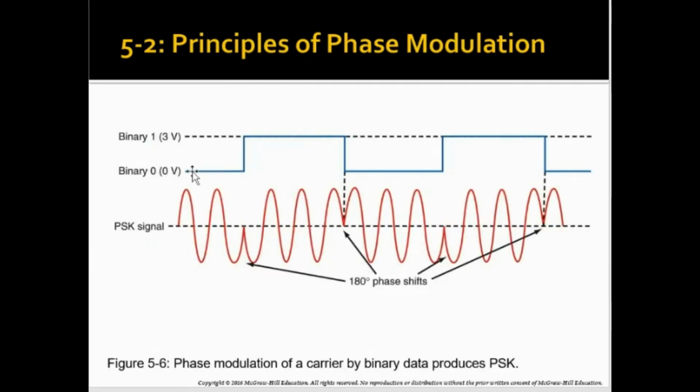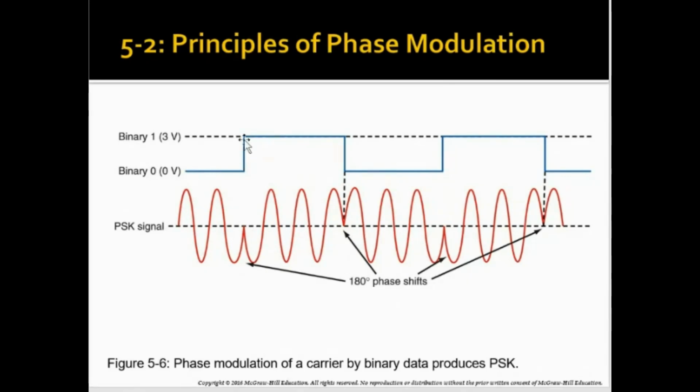So here we have a binary signal. Of course, binary signals have two levels, 0 and 1, or low and high. Here we have 0 volts and 3 volts. You can see the phase changes when the amplitude of your binary signal changes. You have a sine wave here.